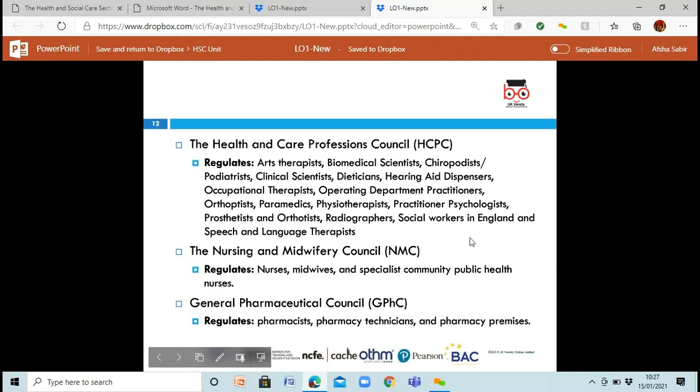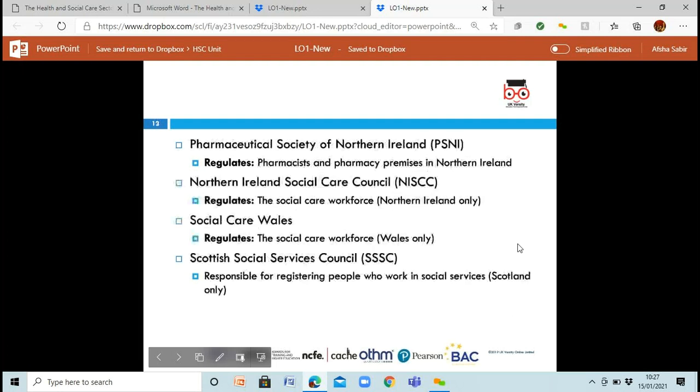And then we have the General Pharmaceutical Council, and they regulate pharmacists, the technicians, and also the premises where the pharmacies are, to make sure that they meet the code and standards. Then we have the Pharmaceutical Society of Northern Ireland, PSNI, and they do the same for pharmacies and pharmacy premises in Northern Ireland.